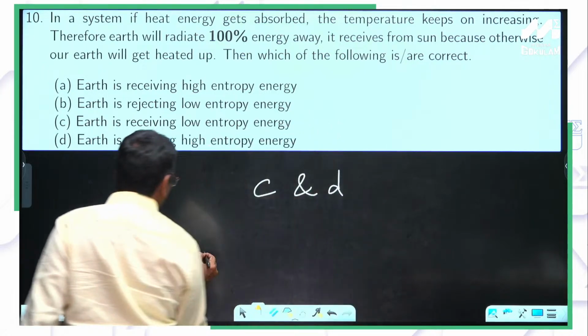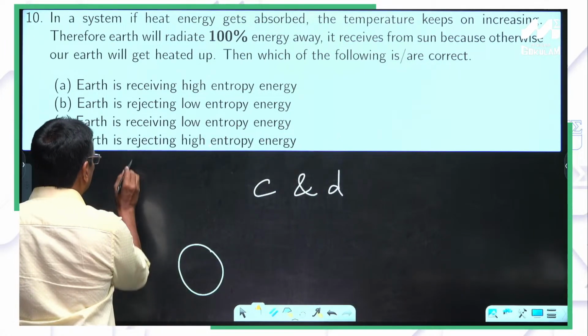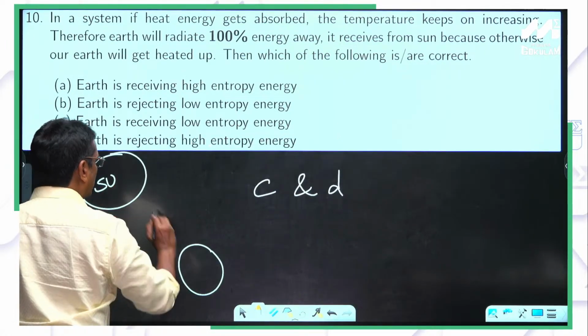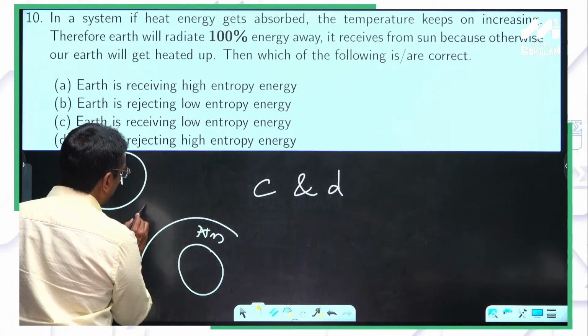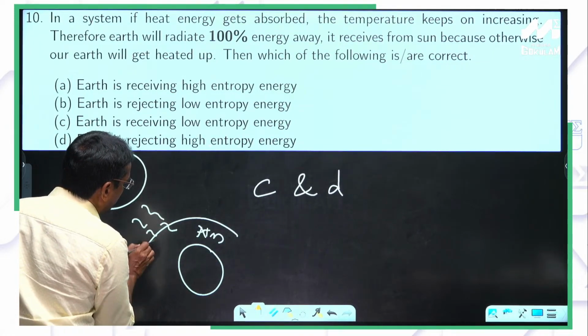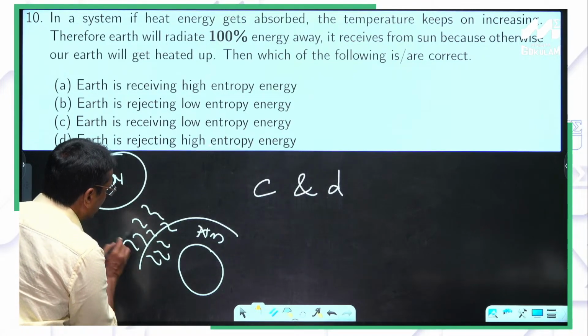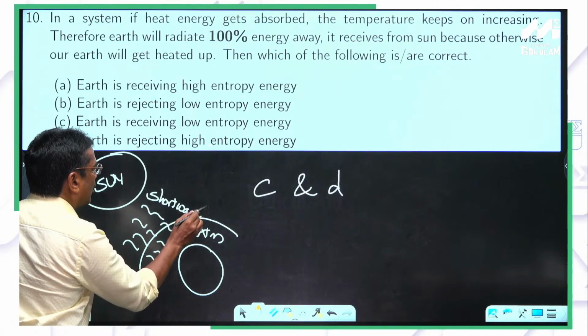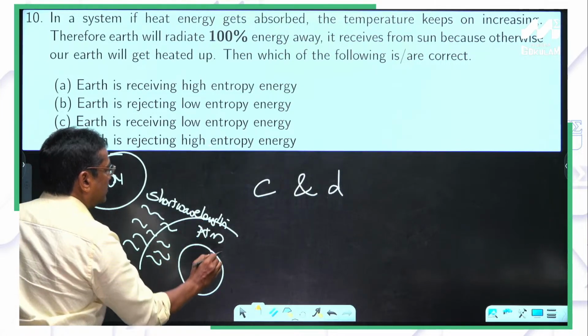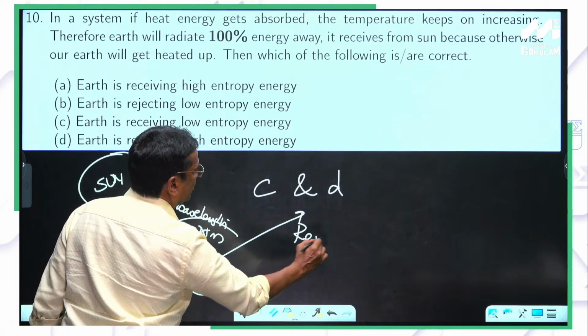See, this is the Earth, this is the sun, right? This is the atmosphere. The energy we are receiving here is a short wavelength radiation, clubbed energy. At the same time, Earth also re-radiates.